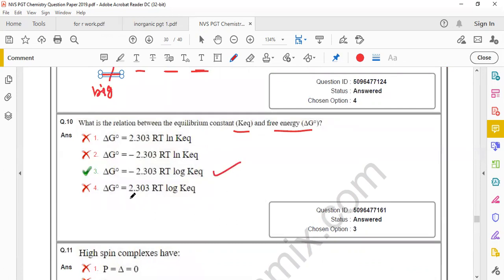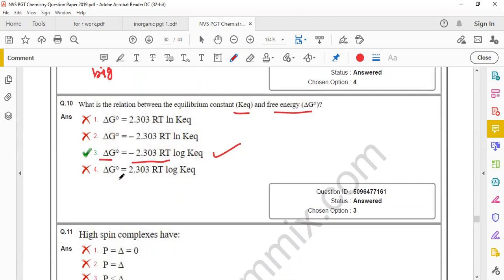The relation is that the standard free energy change is equal to minus 2.303 RT log Keq, where R is the gas constant, T is temperature, K is the equilibrium constant, and delta G naught is the standard free energy change.